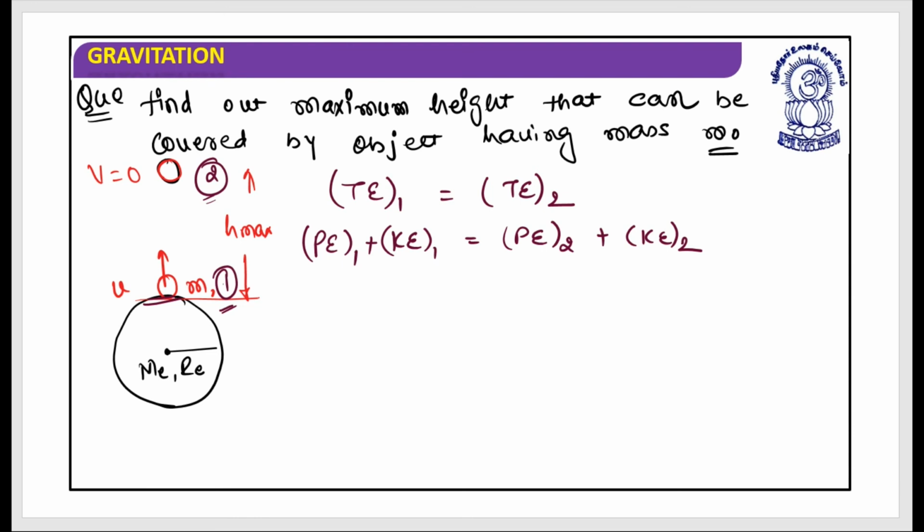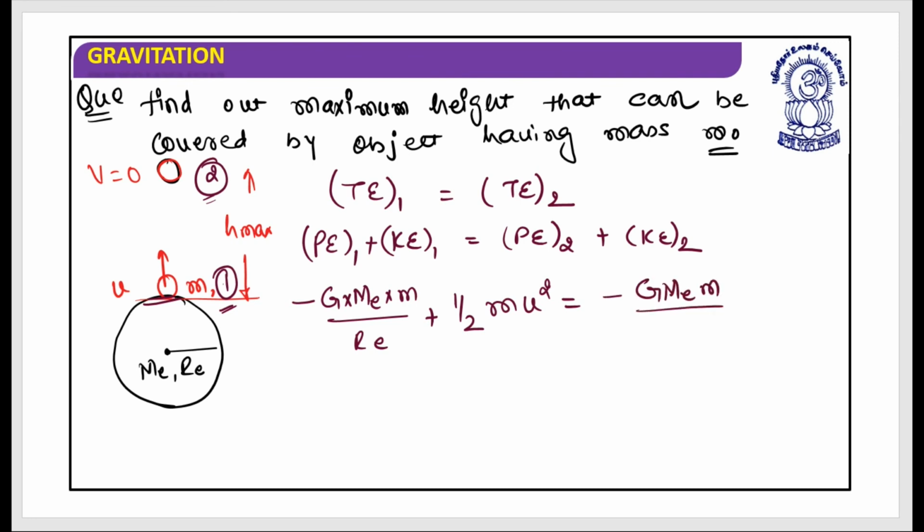No, we are going to write it in an absolute manner. It's minus G ME m divided by RE plus half m u square. This is equal to potential energy 2, which is minus G ME m upon (RE plus h max) plus kinetic energy 2, which is 0. That's it.